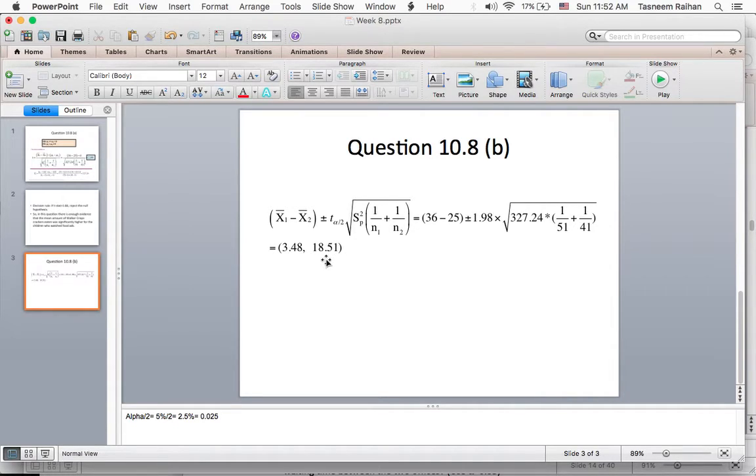That's the upper bound of the confidence interval. When we take the minus sign, we get the lower bound. So the confidence interval of the difference between the means of the two populations is between 3.48 and 18.51.